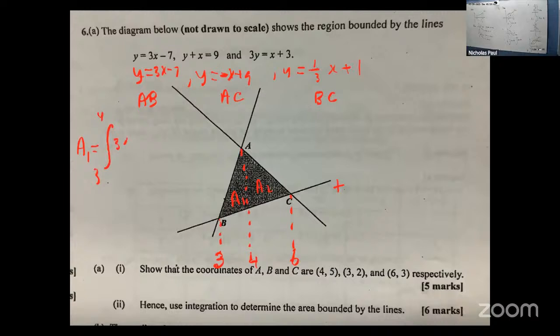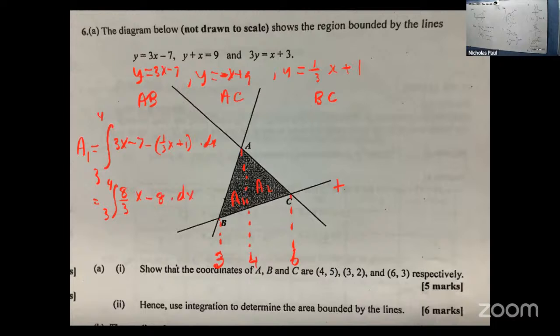So therefore, between 4 and 3, you're taking AB, which is 3x minus 7, minus BC, which is 1/3 x plus 1. So we're going to integrate between 4 and 3. 3x minus 1/3 x, that's 9 minus 1 is 8 on 3, x. And minus 7 minus 1 is minus 8.